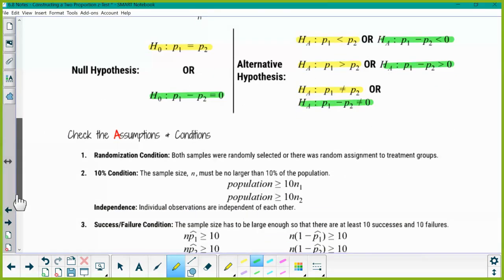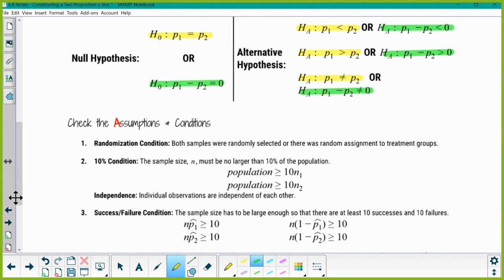Then we are going to check assumptions and conditions. These are going to be the same exact assumptions and conditions as we did for confidence intervals. There is one slight difference that I highlight here because a lot of the time when you're doing significance tests for two proportions, there is the possibility that you have created an experiment. First thing, randomization.